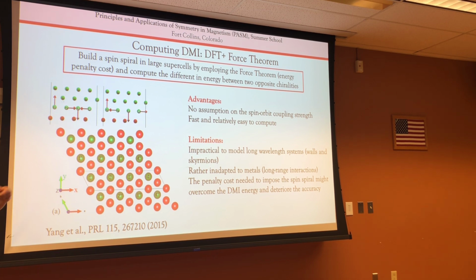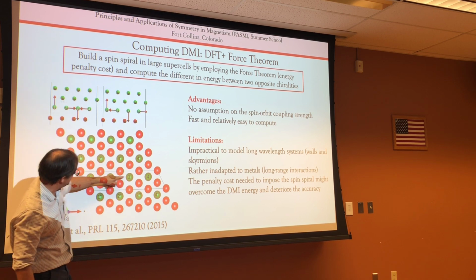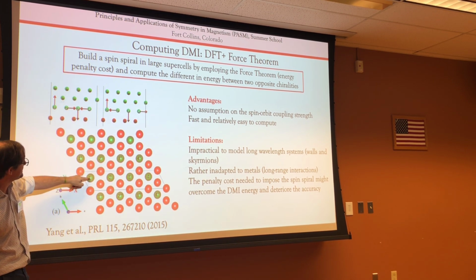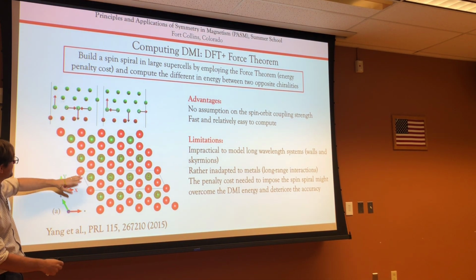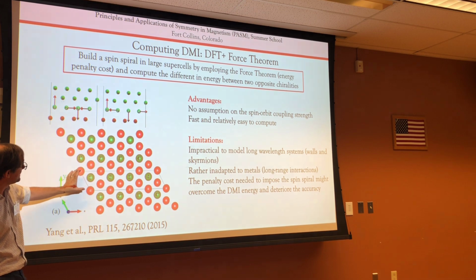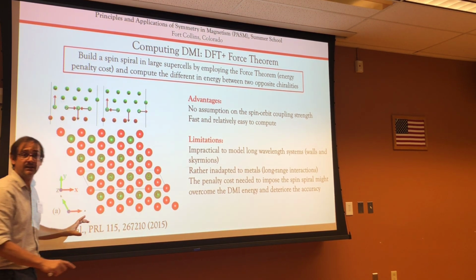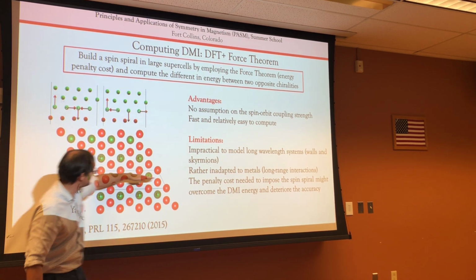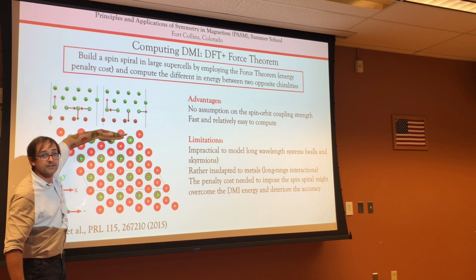Then you have to be smart and consider that when you create a spiral here, you also create the same spiral here and here, right? It's a supercell. So this cell is the same as this one, the same as this one, and so on and so forth. So if you create a spin spiral here, of course it's infinite in this direction, but it will also be repeated here and here.